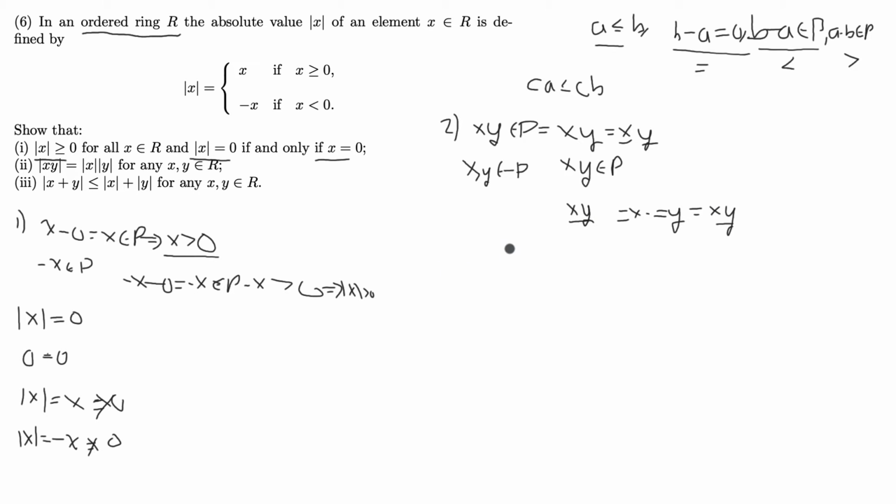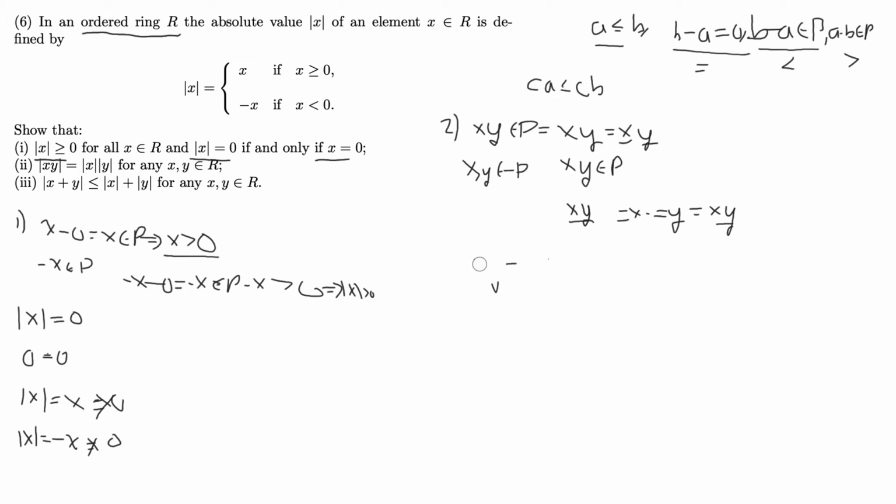Finally, if we have one of each, the most interesting case, we have xy, and let x be negative. Perhaps that's a poor notation. Let's let x without loss of generality be negative.